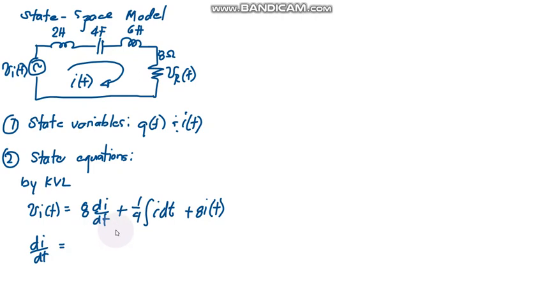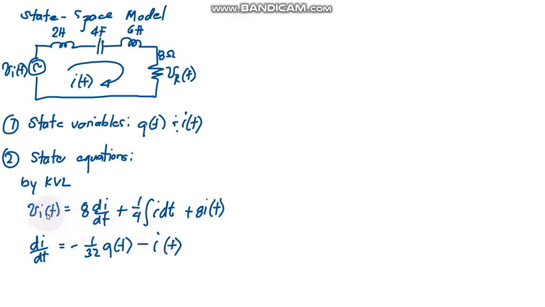So, solving for di over dt, we know already that the integral of I dt is equal to q of t. So that will be 1 over 4 divided by 8, the coefficient of di dt. So we're going to have negative 1 over 32 q of t. And then we have 8 I of t divided by 8, so we're going to have negative I of t.